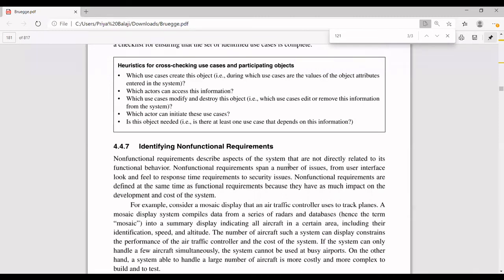When you are in the analysis part, you can come back to the design part. Once you are in the design part, you can come back to the requirement part. Like that, you can refine the stages every time you have issues. So this is like cross-checking the use cases: what exactly is the use case, how I can get the actors' information, who is going to create or modify the object. Like that, you can get so much information and you can analyze the objects.